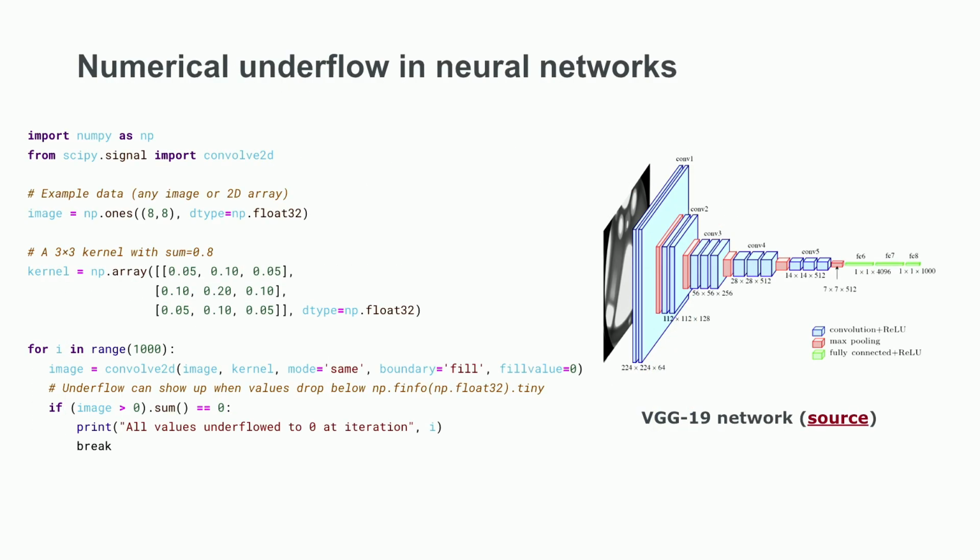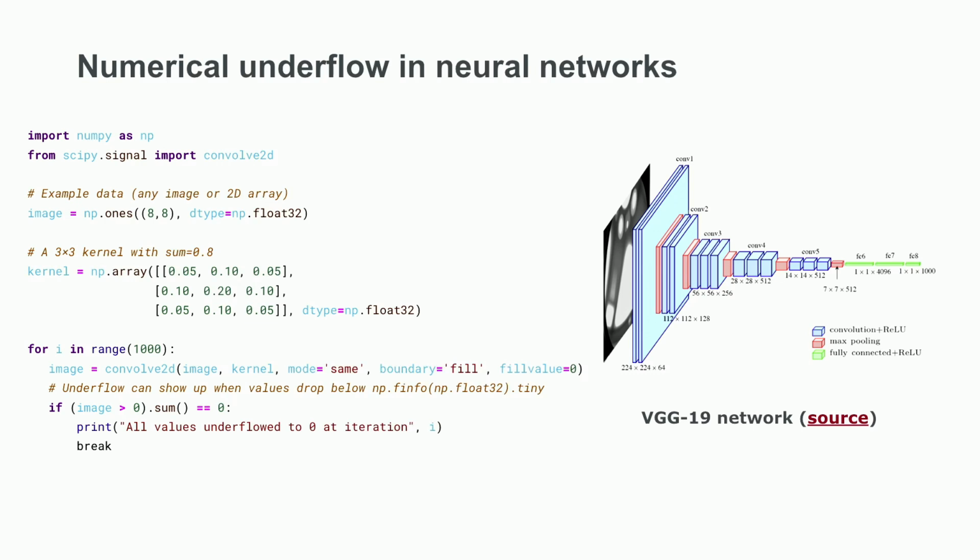Here we see a more concrete example that we can implement in code to see how this happens with convolutions. If we create an 8x8 matrix full of ones, and then we create a 3x3 convolution kernel that has values that add up to 0.8, each convolution operation is going to reduce the magnitude of the output values.